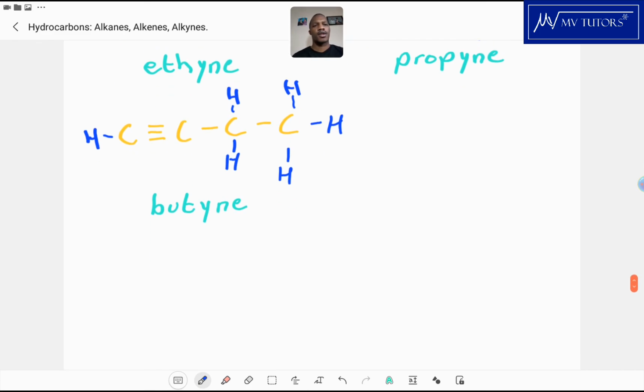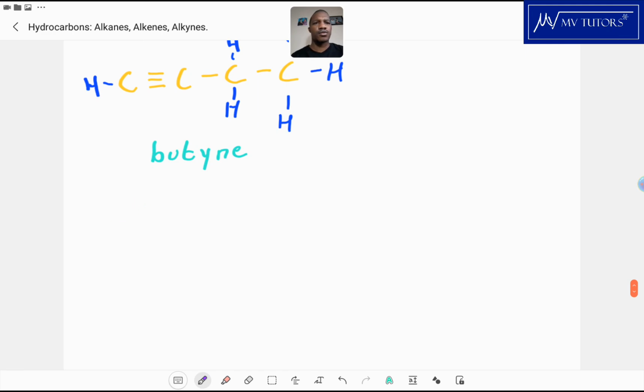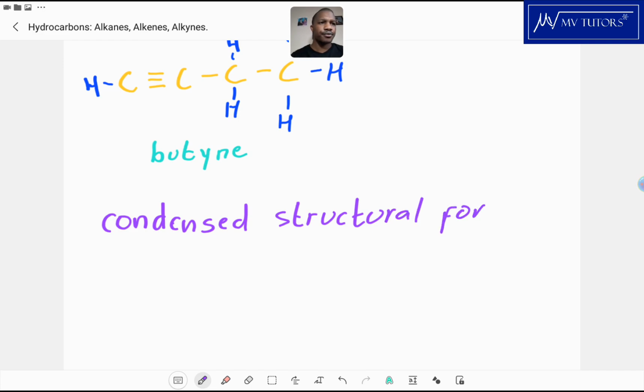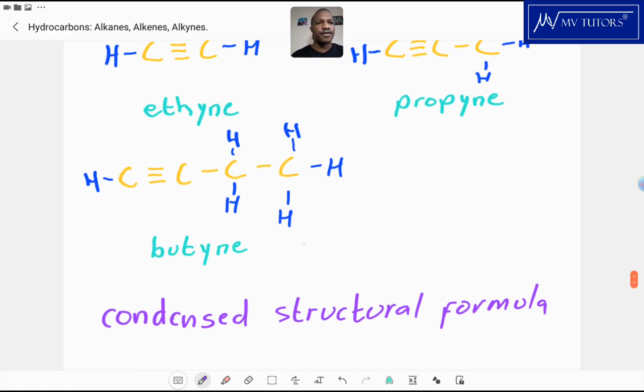Now I want us to do the condensed structural formula. Let's start with butyne. From the left, you've got one C and one H. And then you have the triple bond. And then you've got just the C on its own next.